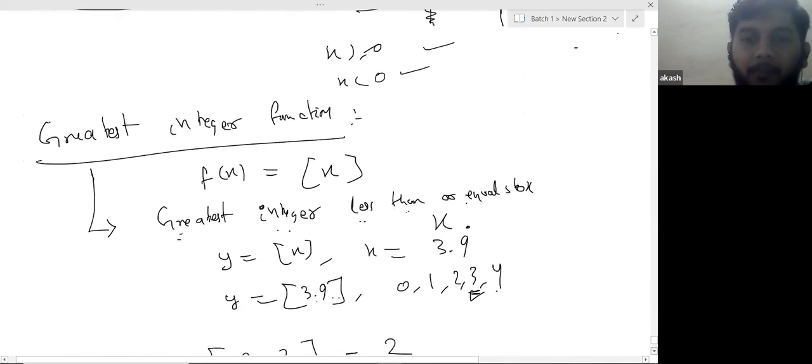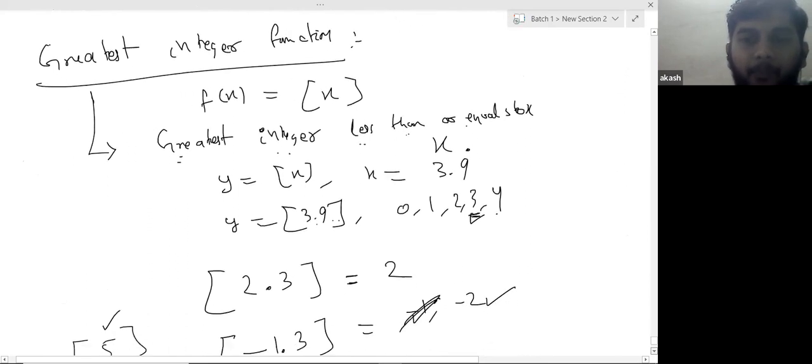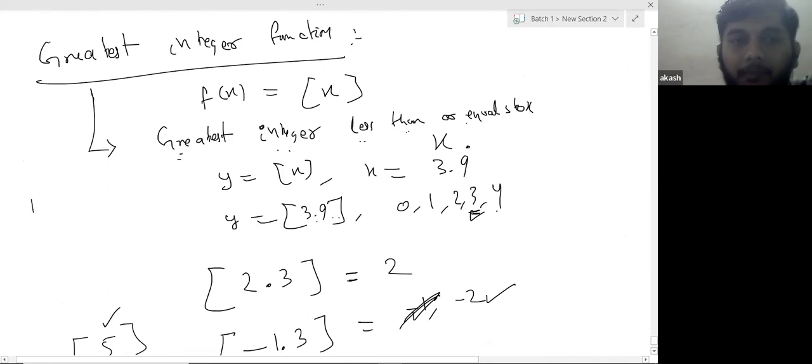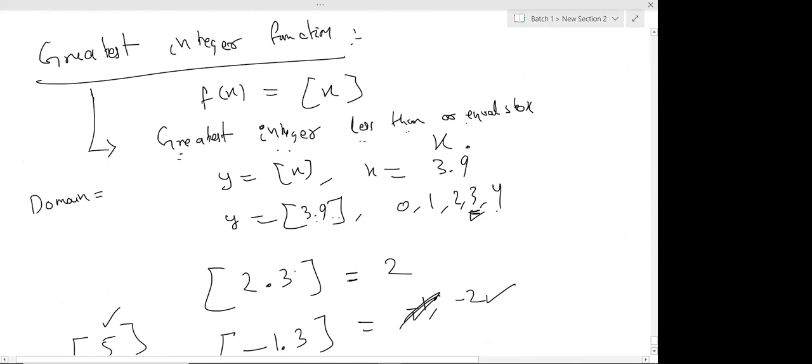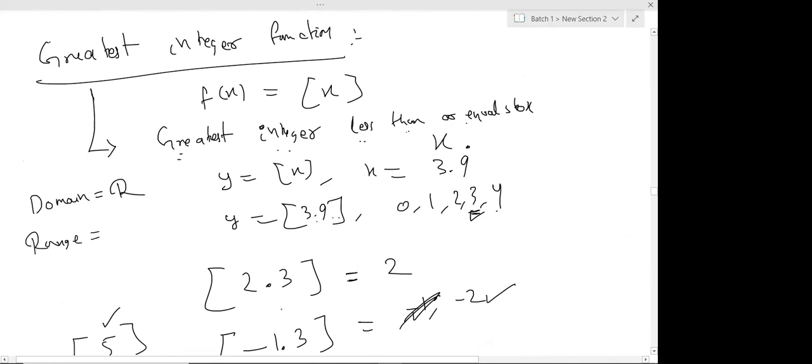What is the domain here, Irfan, of the greatest integer function? Sir, domain is R. And Shravya, range? So 0 to infinity. We are not getting -1.